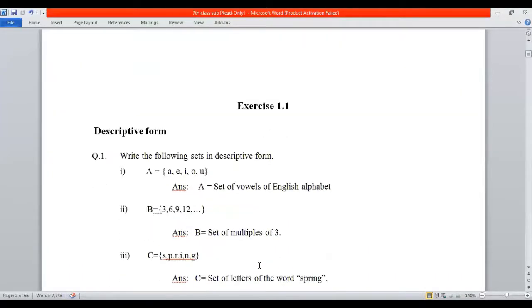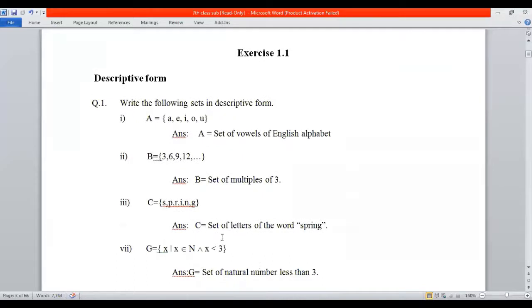Before going to start the first exercise, first question, write the following set in descriptive form. We should know about the definition of the descriptive form, that what it means. If a set is described with the help of a statement, it is called descriptive form. This definition is given in your book on page number 4.